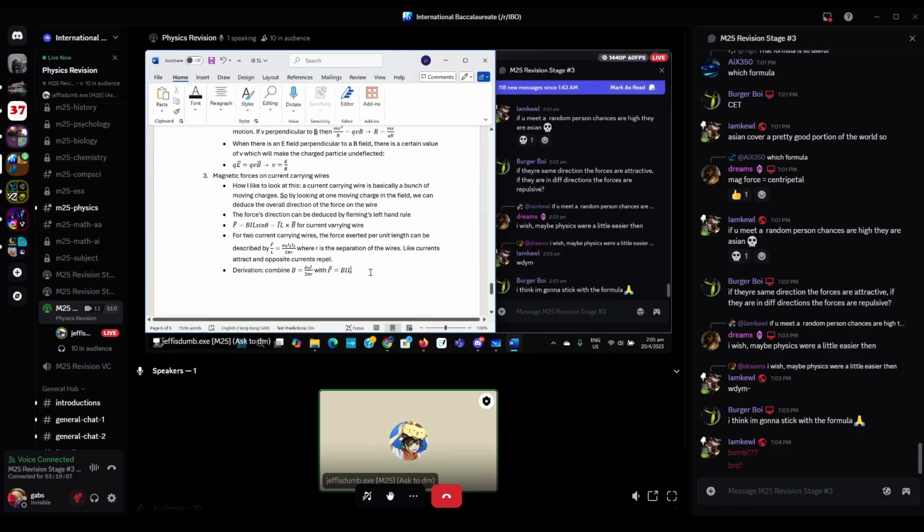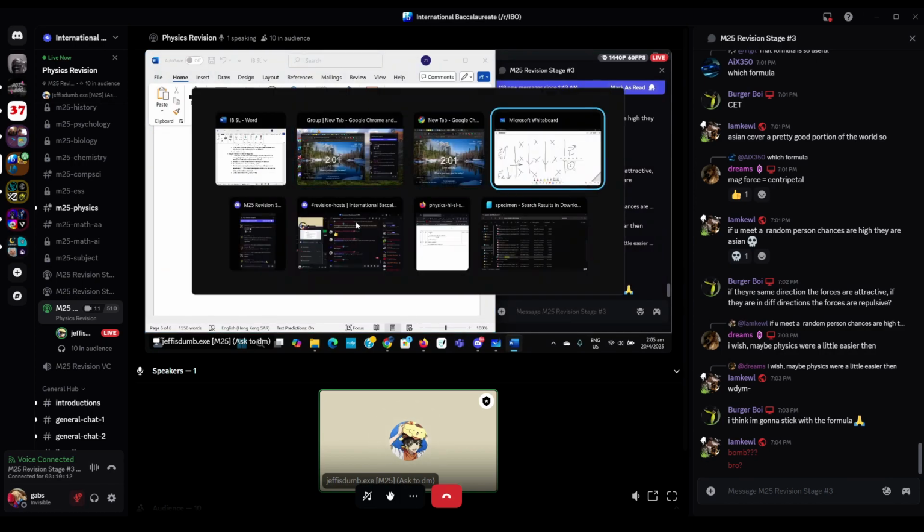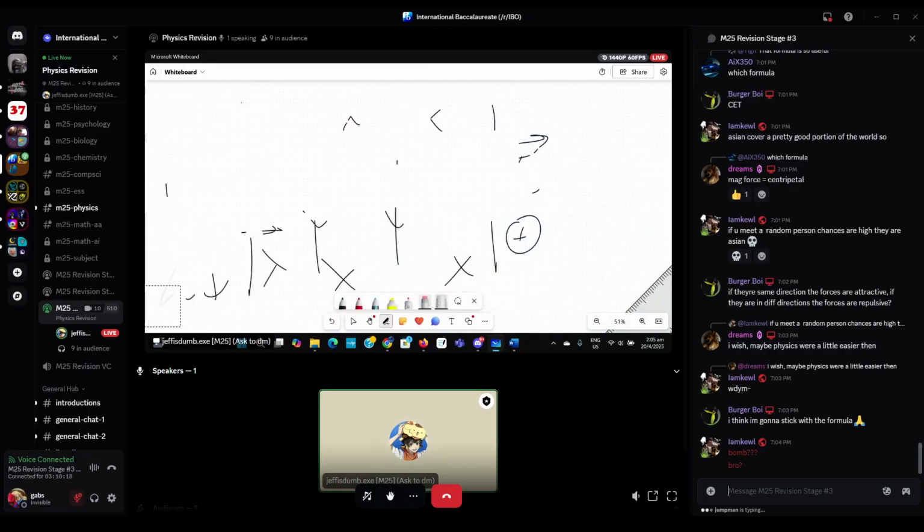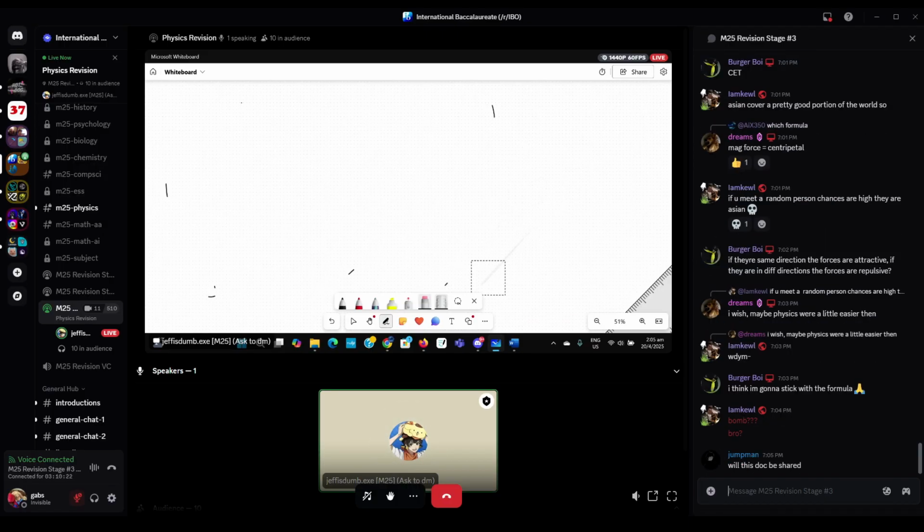Just to illustrate why like currents attract, it's good to sketch out the field lines to see what happens. I'll just show one example of like currents, because that should be enough. Let's say we have one current carrying wire here, and by the right-hand grip rule you have a magnetic field that's into the page, and we have another current here.